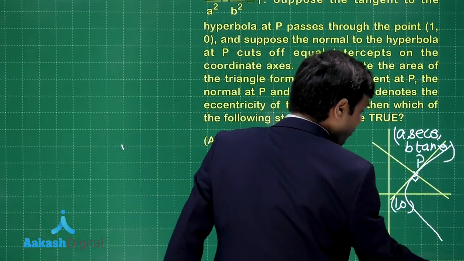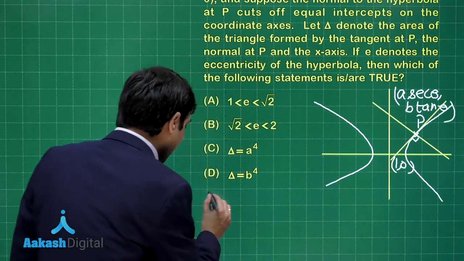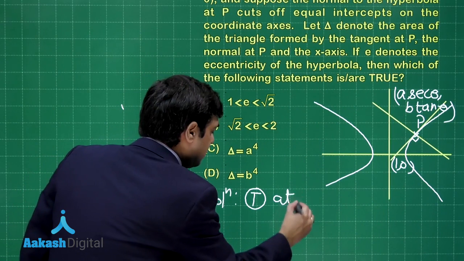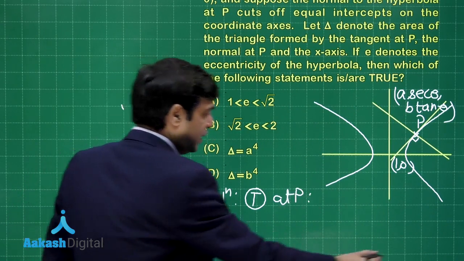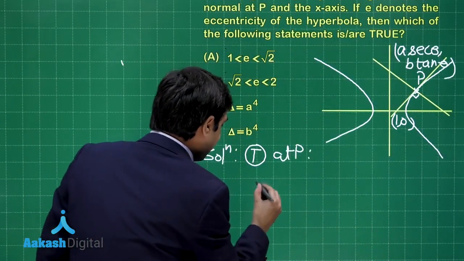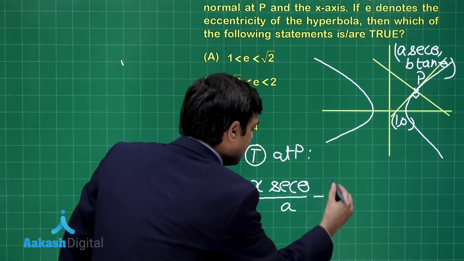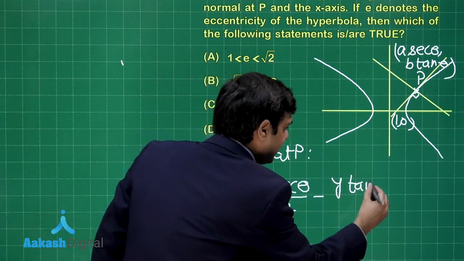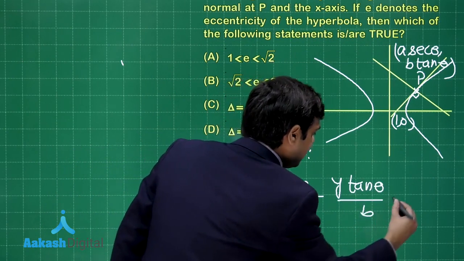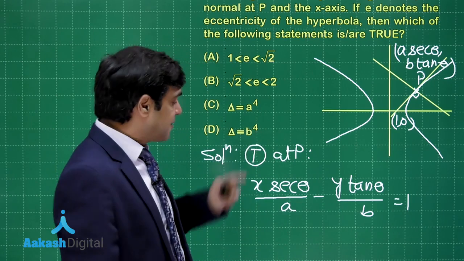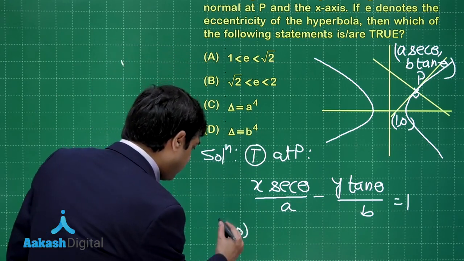We can write the equation of tangent and normal at point P. Tangent at P. This is simply x sec theta upon a minus y tan theta upon b is equal to 1.